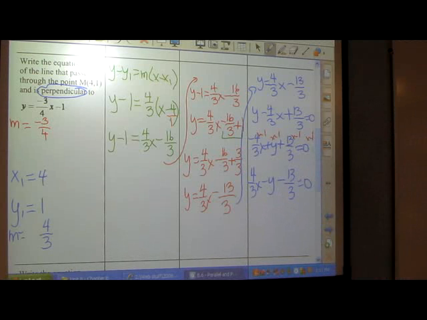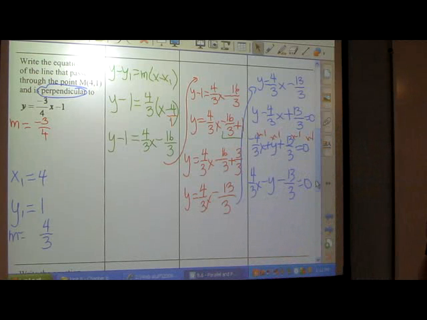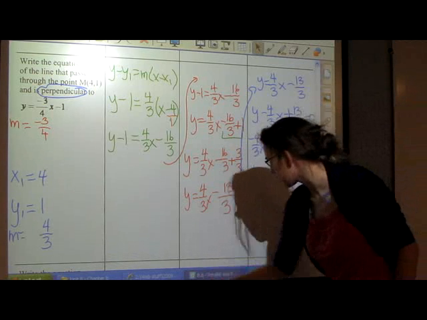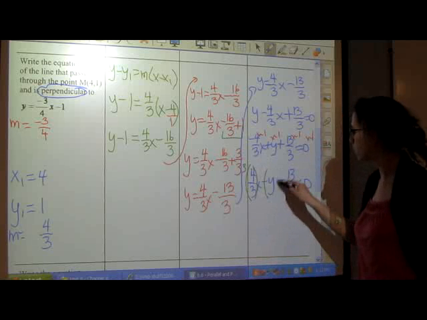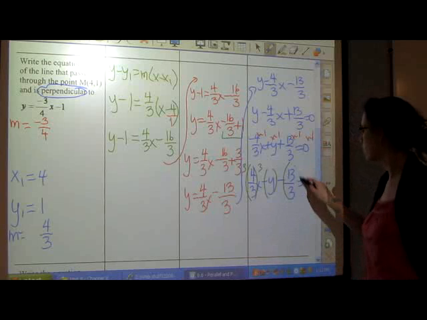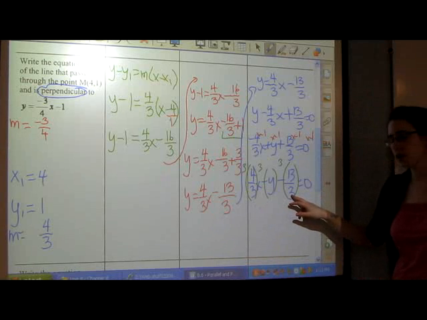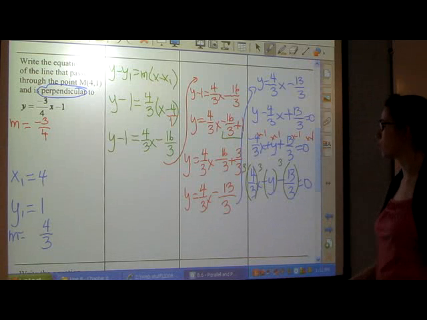And that's equal to 0. And in standard form, we are not allowed to have fractions of any kind. So what we want to do is multiply every single term by 3 to get rid of our fractions. And it's a 3 because we have 3's on the bottom here. So our common multiple to get rid of is the 3.